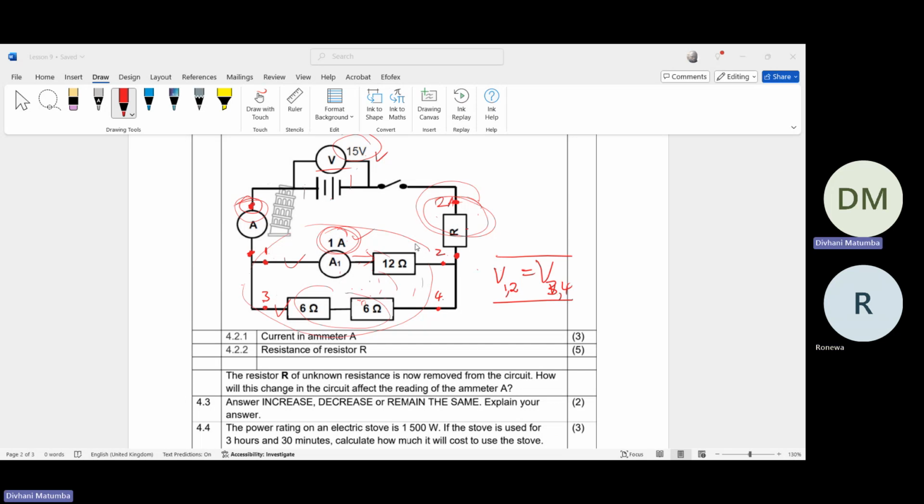But do you understand the concept of the potential difference across the parallel connection? Yes. Okay, so V between 1 and 2 is equal to V across 3 and 4. They're always gonna trick you with that, so you must always have it in mind.